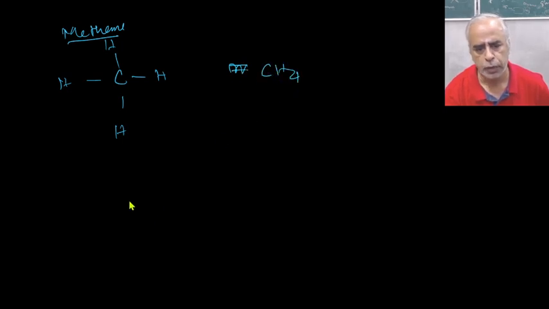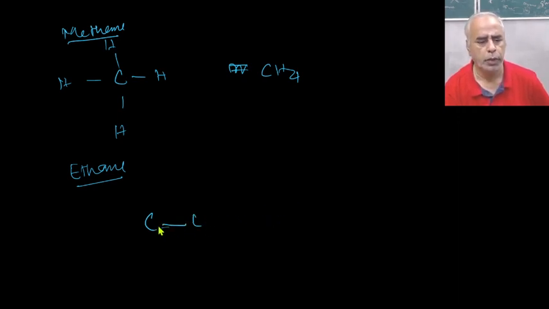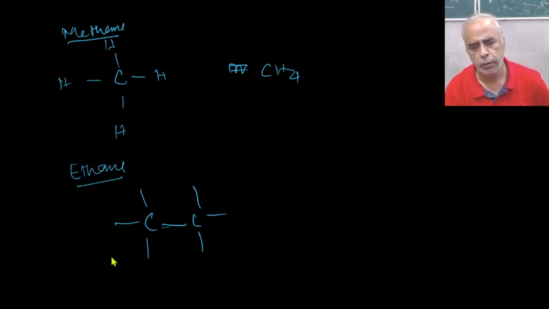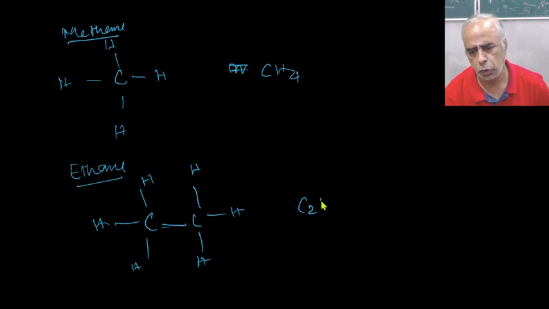Similarly for ethane, eth means 2 carbon atoms. Let me write 2 carbon atoms with a bond. Now I can organize the valencies and insert 6 hydrogens. So it is C2H6.